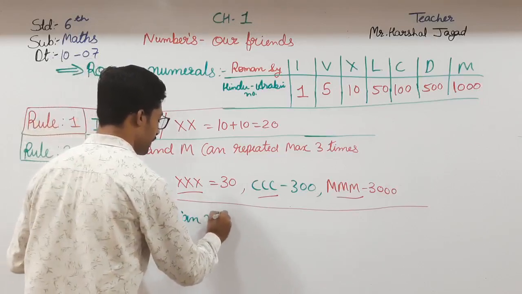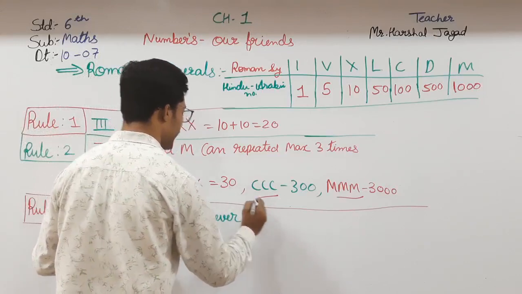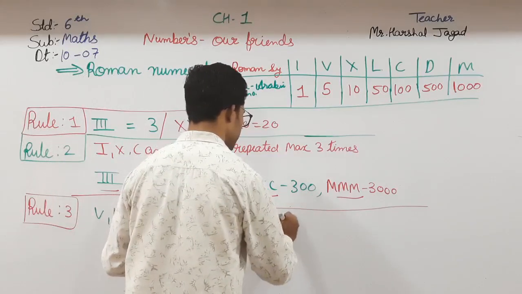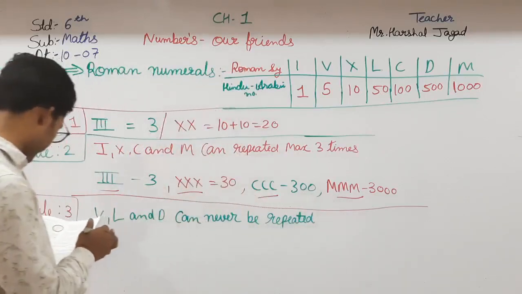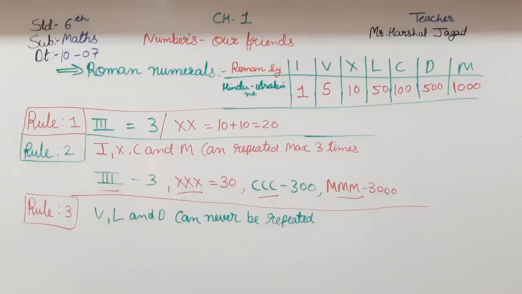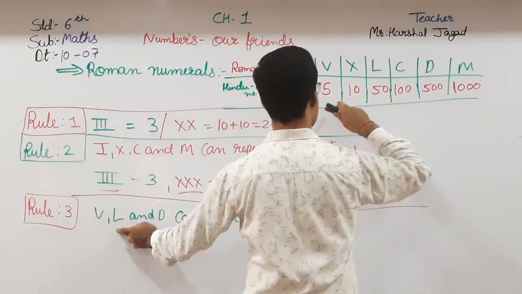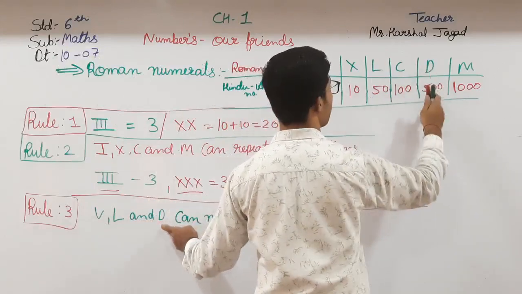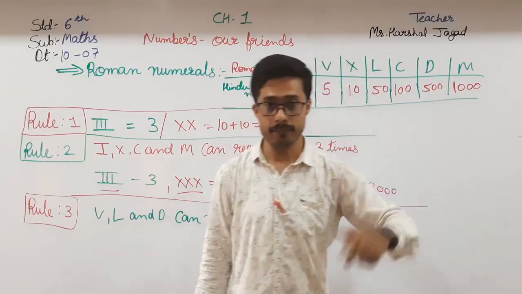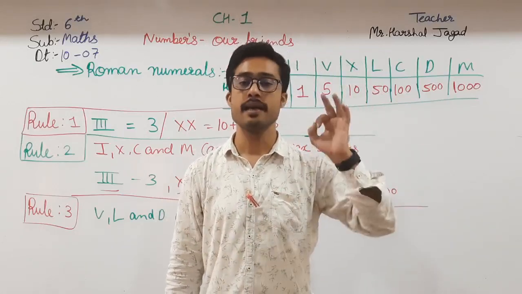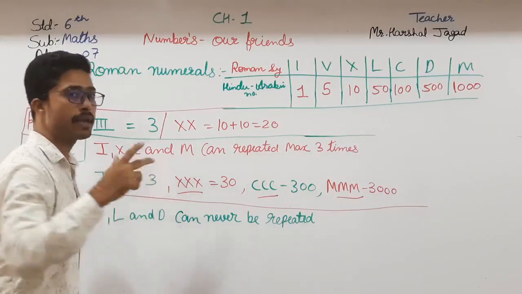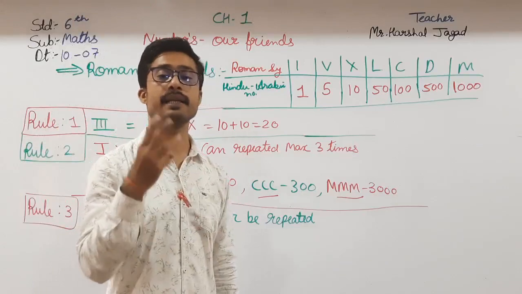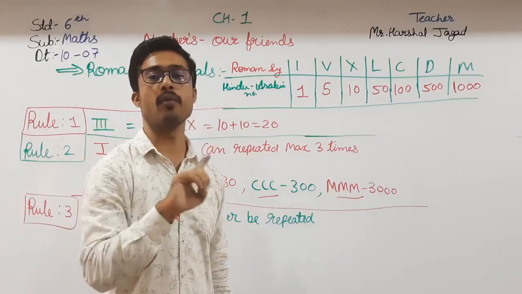Here V means 5, L means 50 and D means 500. That cannot be repeated, okay students. Only I, X, C and M can be repeated, but a maximum of 3 times, not more than that.